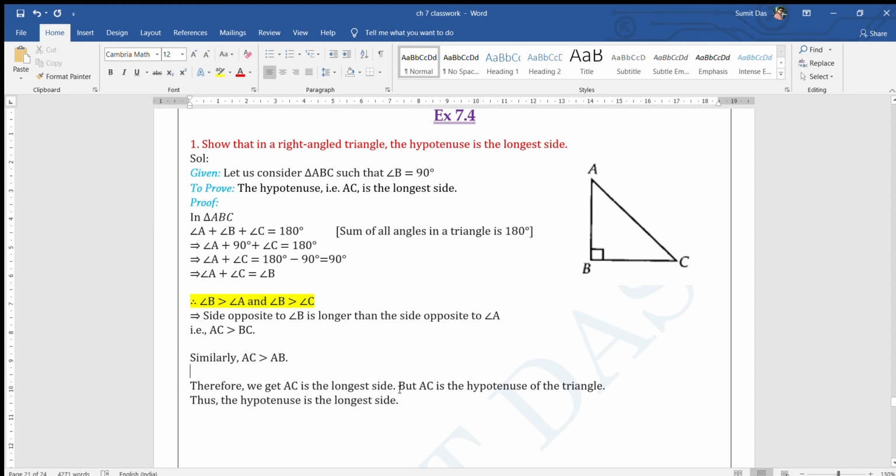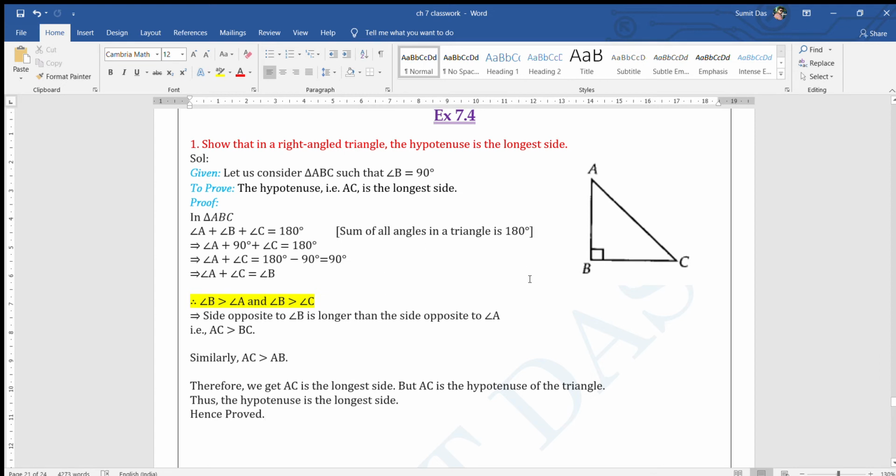Therefore AC is the longest side, and AC is also the hypotenuse of the triangle, obviously. So we can write hypotenuse is the longest side. Hence proved.